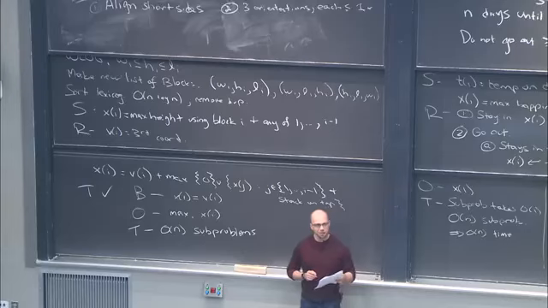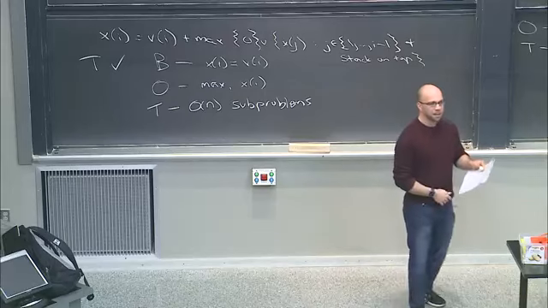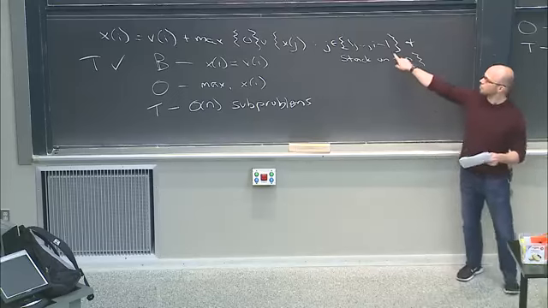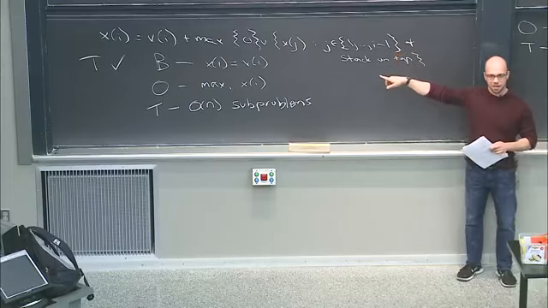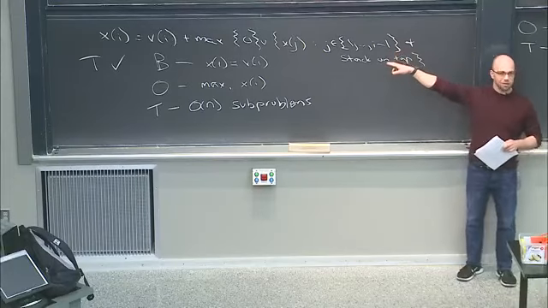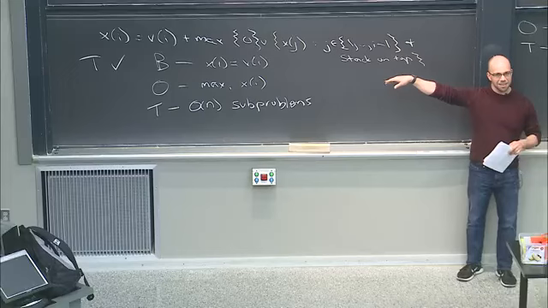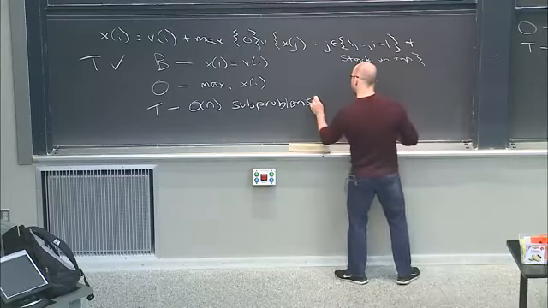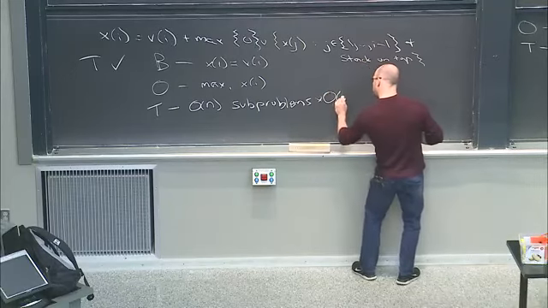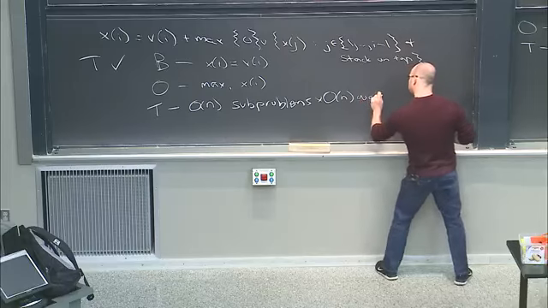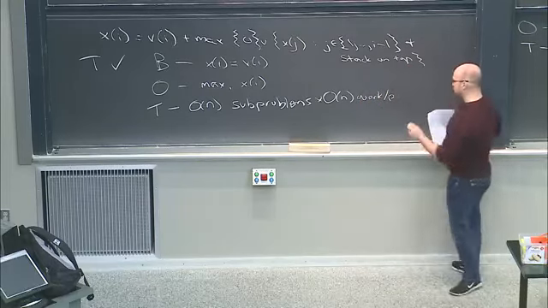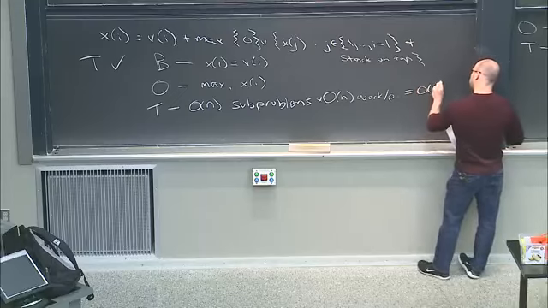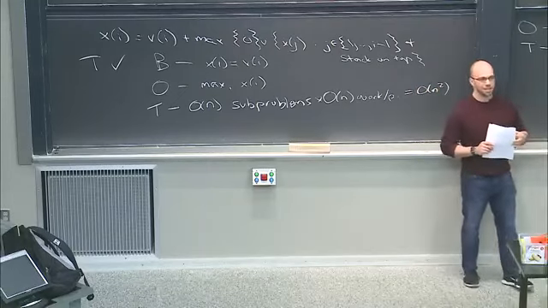But how much time does each subproblem take, at least the way that I've written it here? Well, I have to loop over all of the possible blocks and find the one that I can stack on top of, and then take the max. So there's a loop here from 1 to i, and i is upper bounded by n. So this is order n subproblems times order n work per subproblem. So at the end of the day, my algorithm is going to be order n squared time.